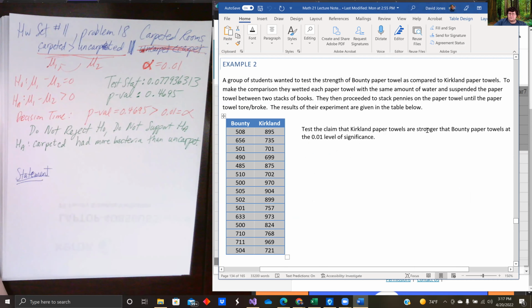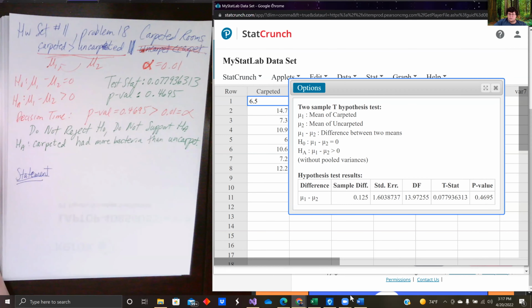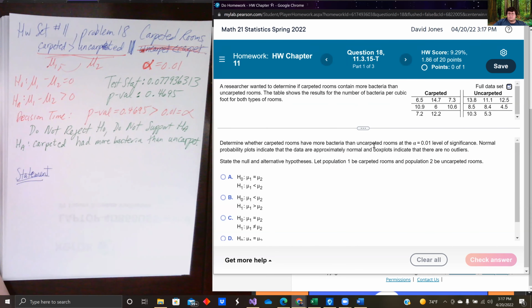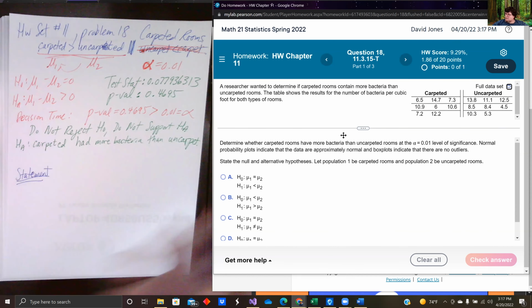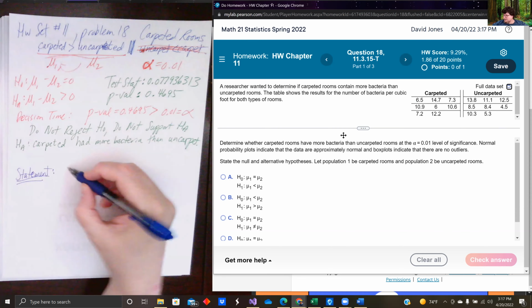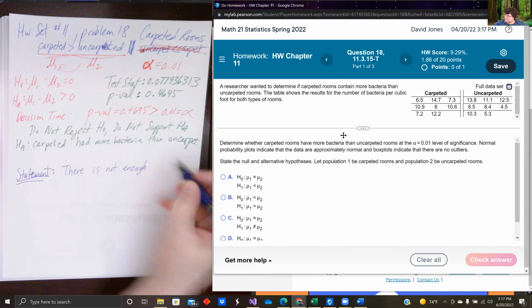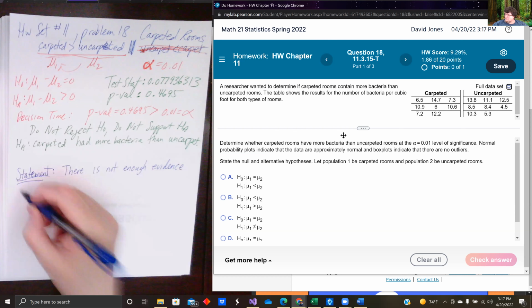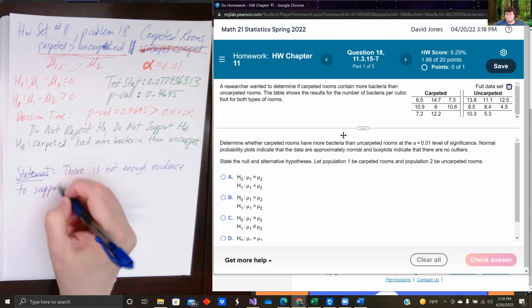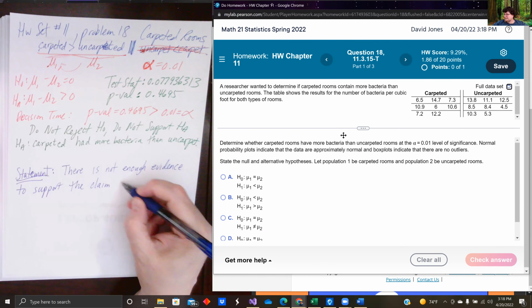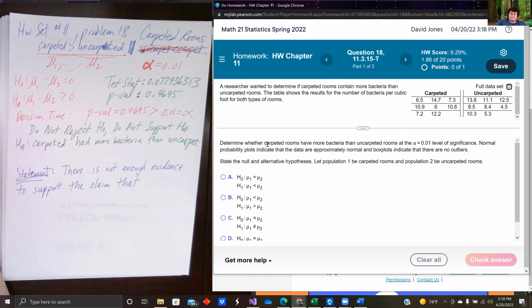There is, I'm not supporting it, so there is not enough evidence to support the claim that, and I can literally just write down what they have right here in their question.